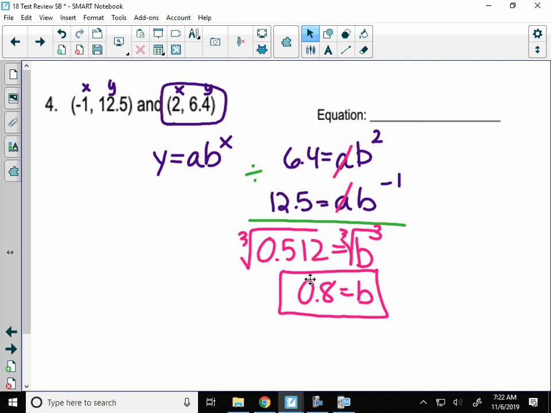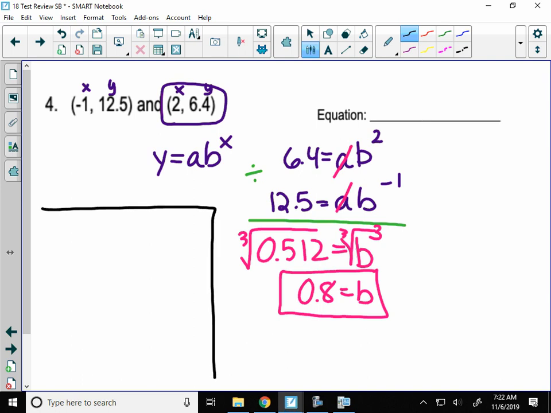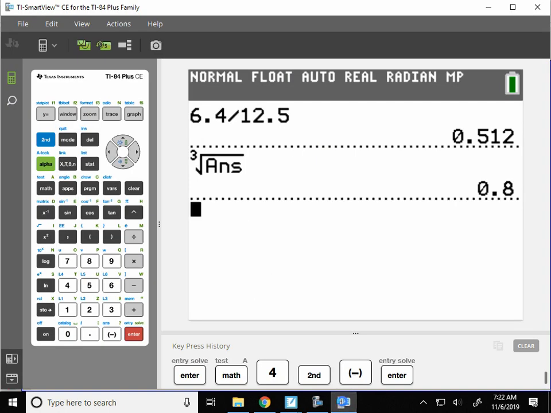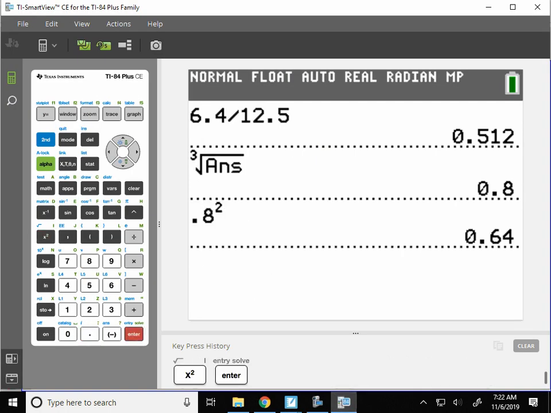Now I just need to find the a. So I'm using my favorite ordered pair. I'm going to use the same one that's in the box up here. And I know still that the y is 6.4. I don't know a. I do know b is 0.8. And the x is squared. So let me square 0.8. I get 0.64.